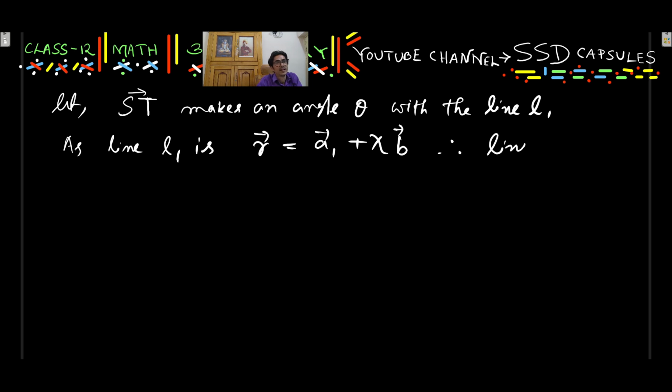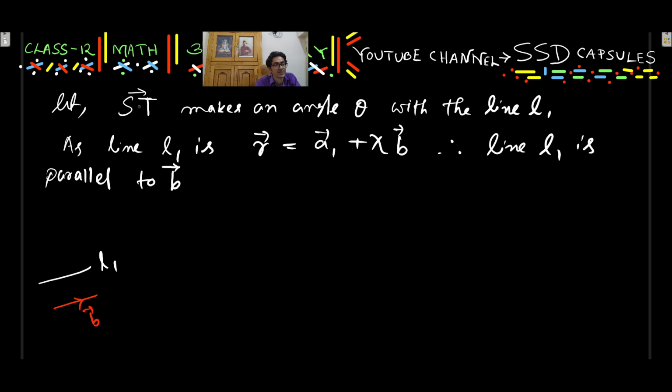Therefore line L1 is parallel to b vector. We have assumed that ST vector makes an angle theta with the line L1. So if ST vector makes an angle theta with L1, then automatically ST vector makes angle theta with b vector. It is a coincidence, right?